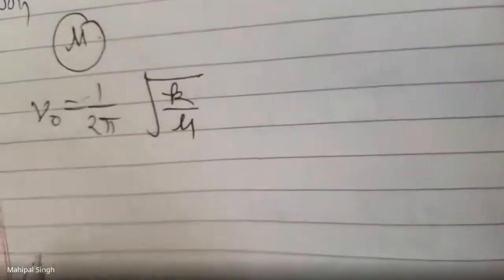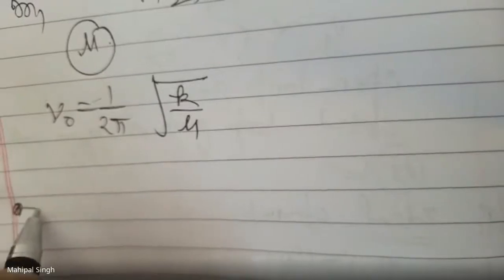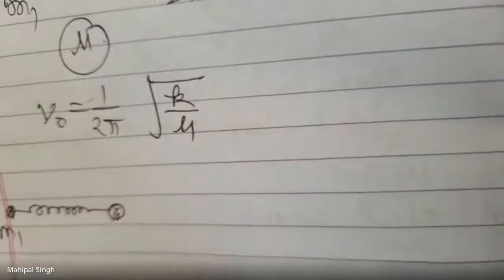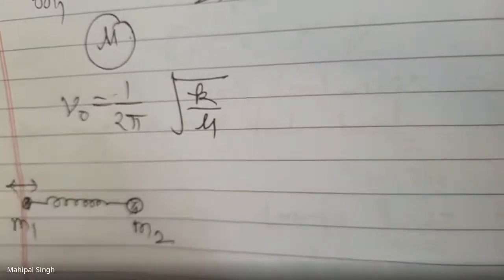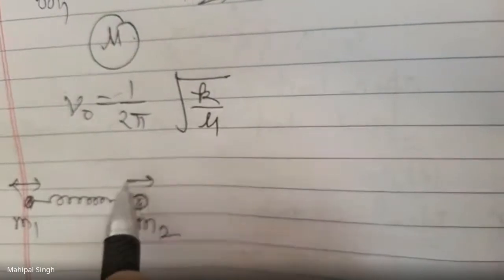Now let us draw two bodies or two particles connected with a spring. This is particle of mass m1, and this is mass m2. Mass m1 vibrates, mass m2 vibrates. The force constant is k. And the equivalent of this means we have reduced the two body problem into a single body problem.